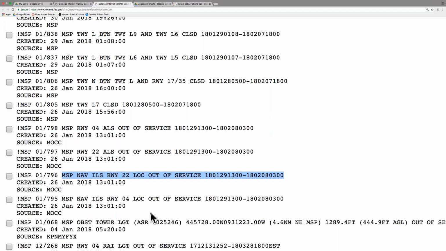So the navigation ILS runway 22 localizer approach is out of service at Minneapolis. So be careful where you put that approach. It's an ILS approach, right? Oh, okay. It's not a localizer approach. But what it's saying is the ILS approach, runway 22, the localizer's out of service.